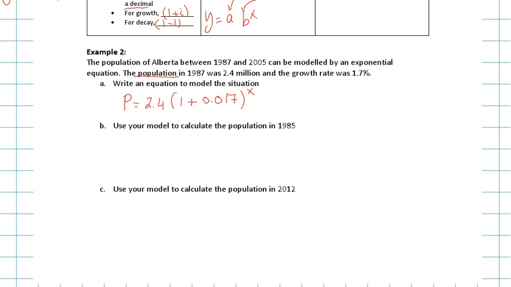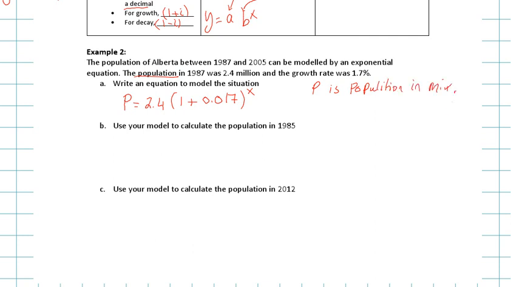So what does P represent? Population. And P is population in millions, right? Because I didn't change my 2.4 to millions. I left it as 2.4.